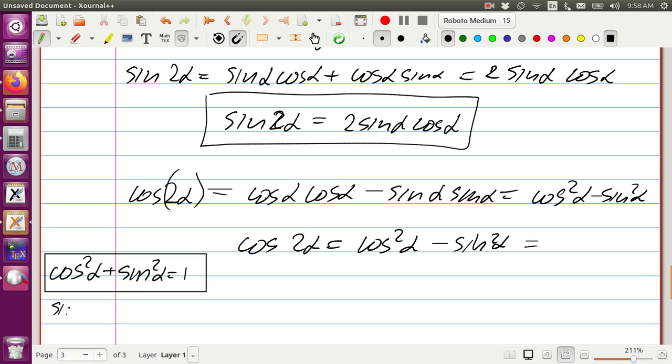So from here you can say that sine squared of alpha is 1 minus cosine squared of alpha, and you can plug it in over here for sine. So what do you get? This minus will be for 1, so it's going to get negative 1. And minus for cosine will become a plus. So you'll get 2 cosine squared of alpha minus 1.